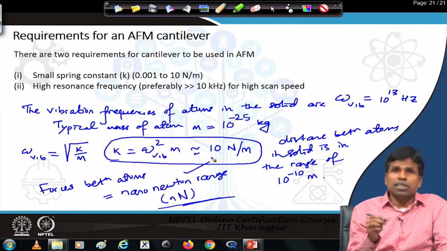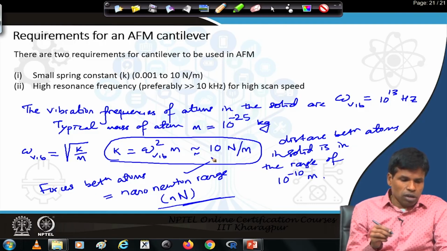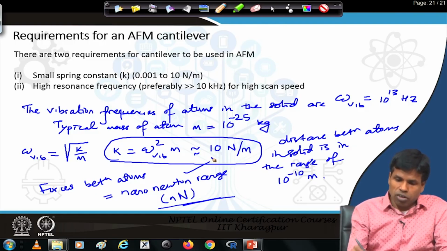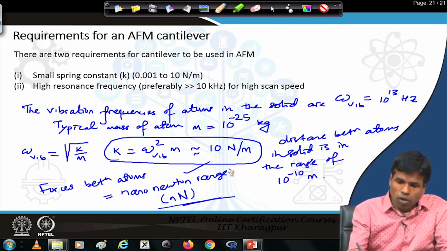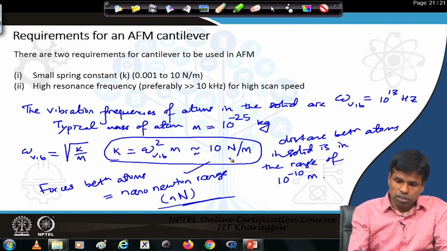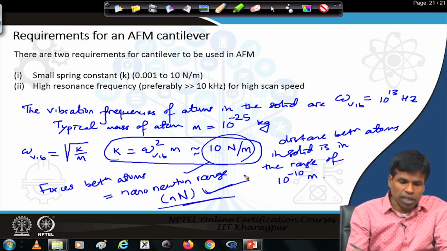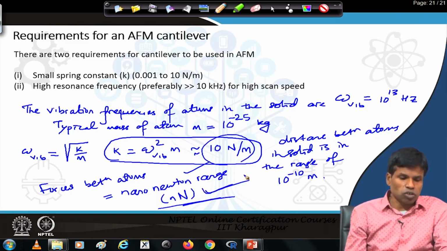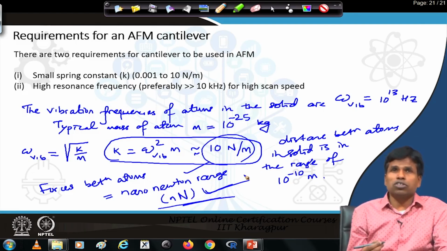Therefore, a cantilever with a spring constant of around 10 Newton per meter can measure the nano Newton force inside the solids. Then the bending of the cantilever will also be in the angstrom range.